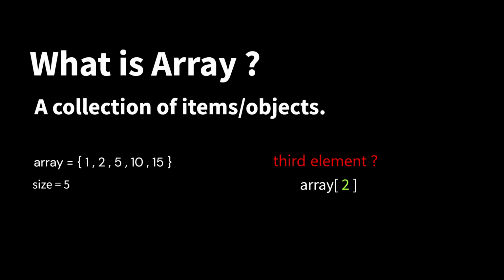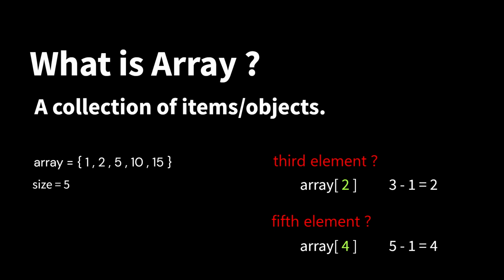If you find the fifth element, you will be writing 4 here. So you understood it, right? We are writing one number less. Whatever number I want, let's say the third element, I write 3 minus 1, which is 2. If I want the fifth element, I write 5 minus 1, 4, right?